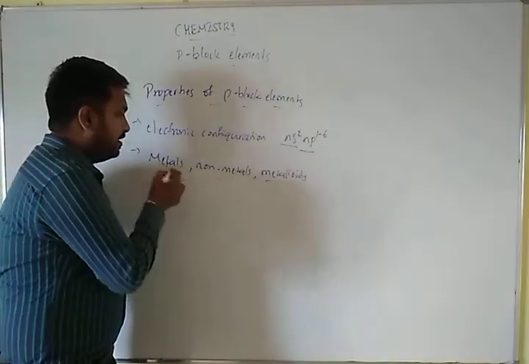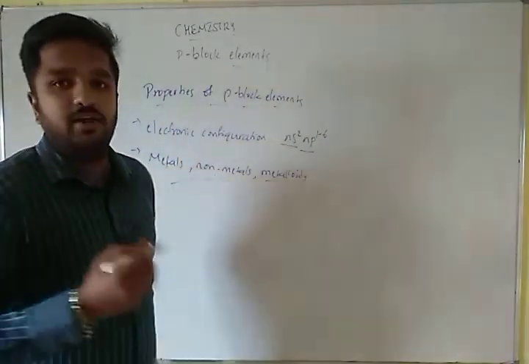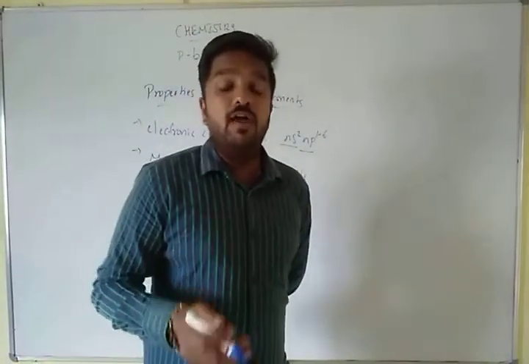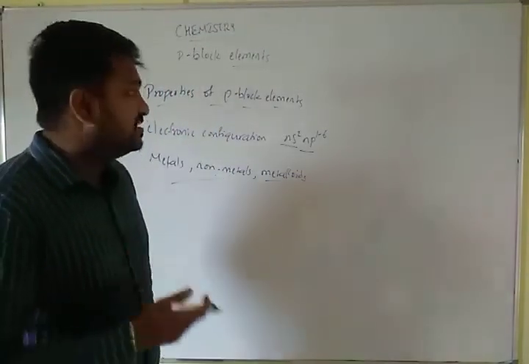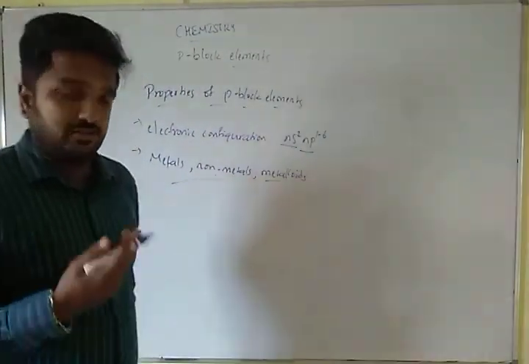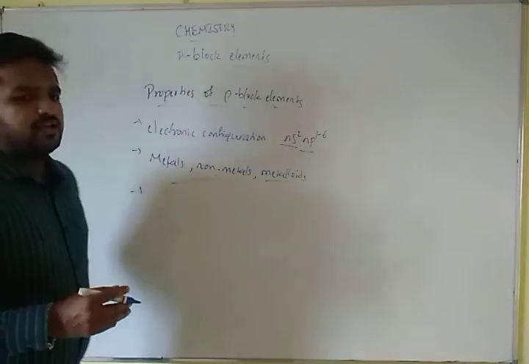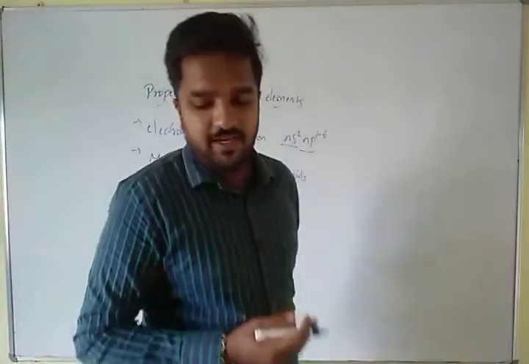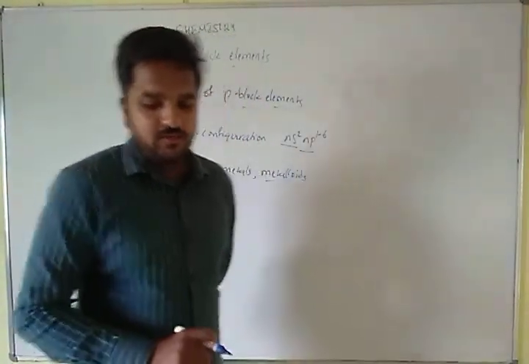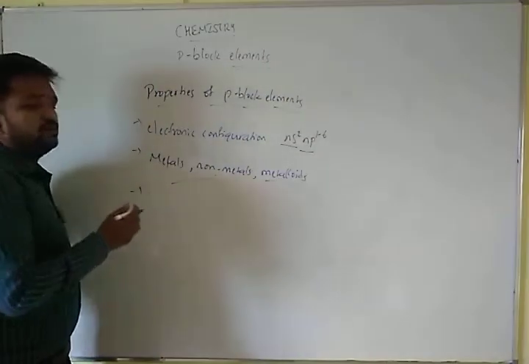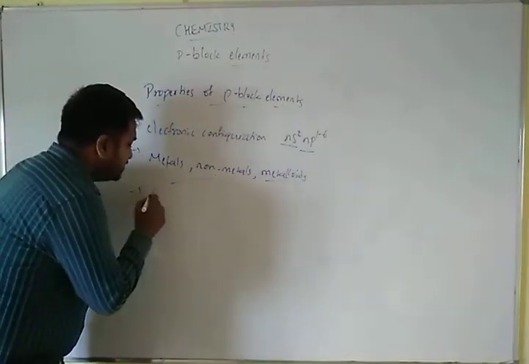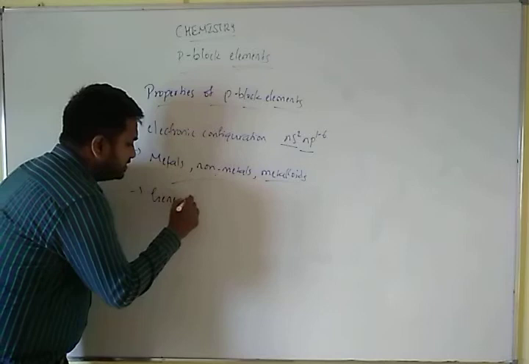These metalloids have the properties of both metals and non-metals. So in P block we have all of these: metals, non-metals and metalloids. Clear? These P block elements have numerous applications also. So that was the valence electronic configuration. Coming to the oxidation state, the general oxidation states.